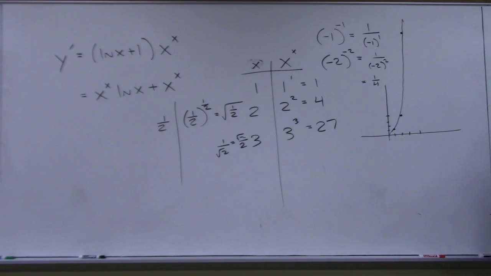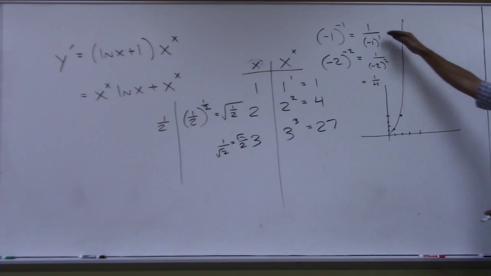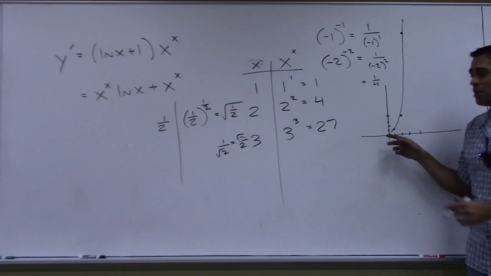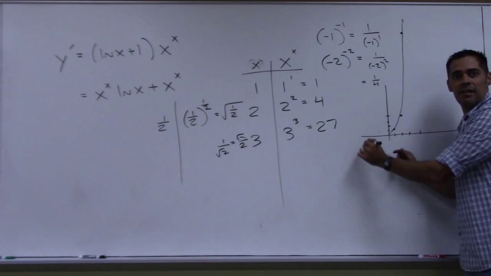Negative 3 gives negative 1/27. So they would be jumping back and forth between positive and negative numbers.